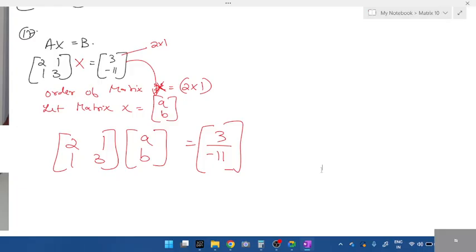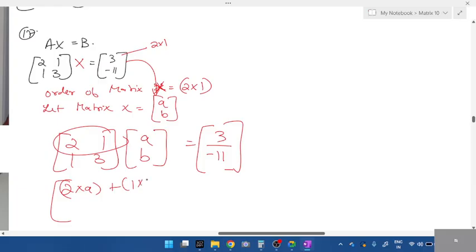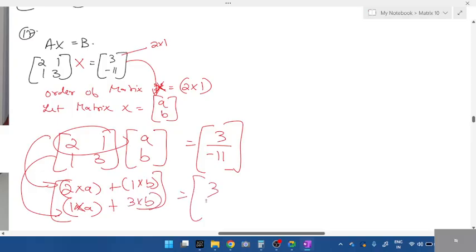Okay, what's the answer? What did you get? When you multiply first row, first column, 2 into a plus b. Okay, for the first row it is done. For the next one, 1 into a plus 3 into b is equal to 3n minus 11.